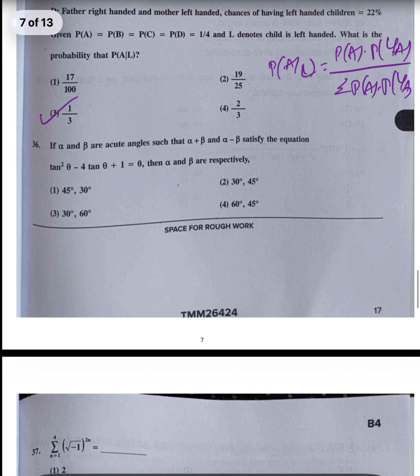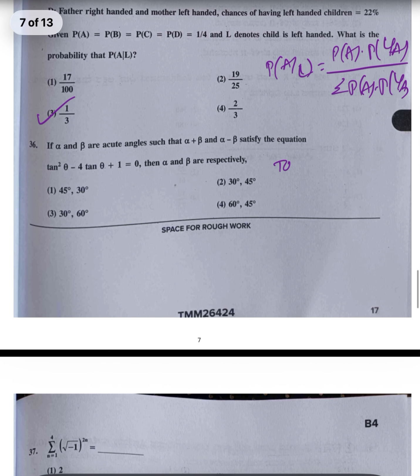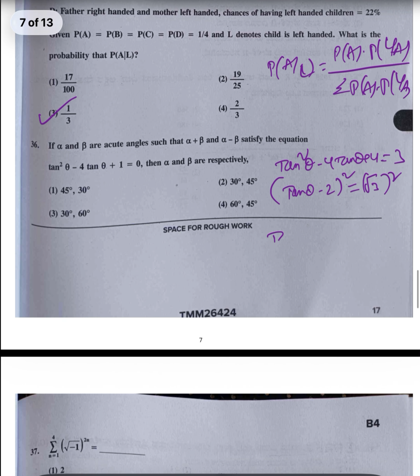Now here, this I can write as tan square theta minus 4 tan theta plus 4 equal to 3. So (tan theta minus 2) whole square equal to root 3 whole square. So clearly tan theta equal to 2 plus root 3, 2 minus root 3.